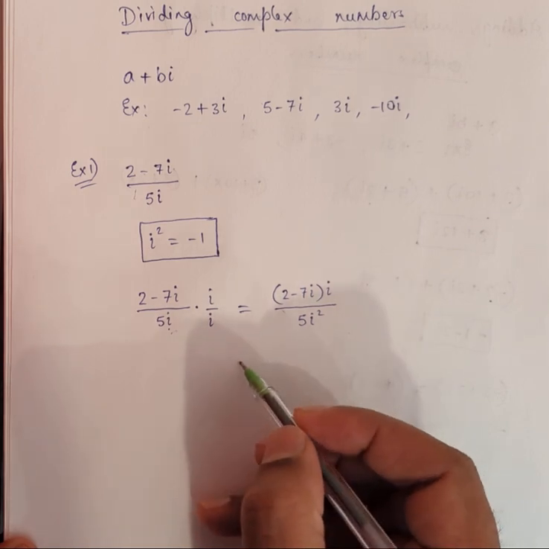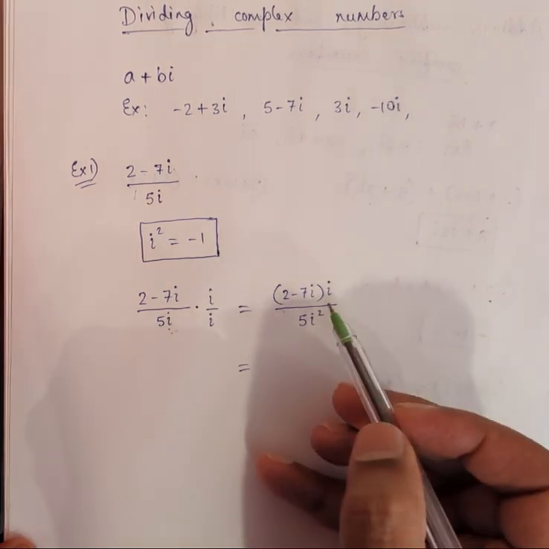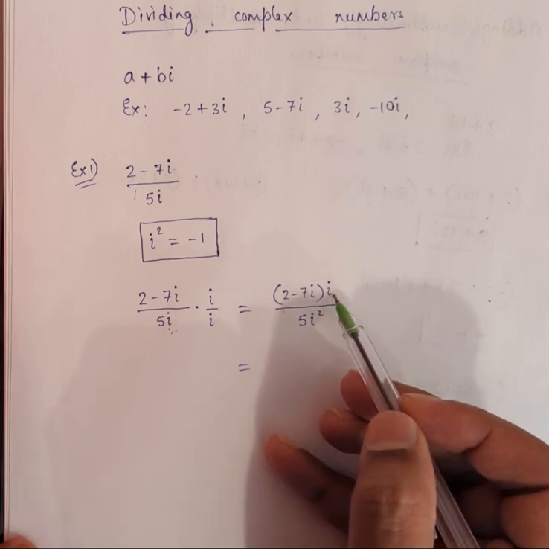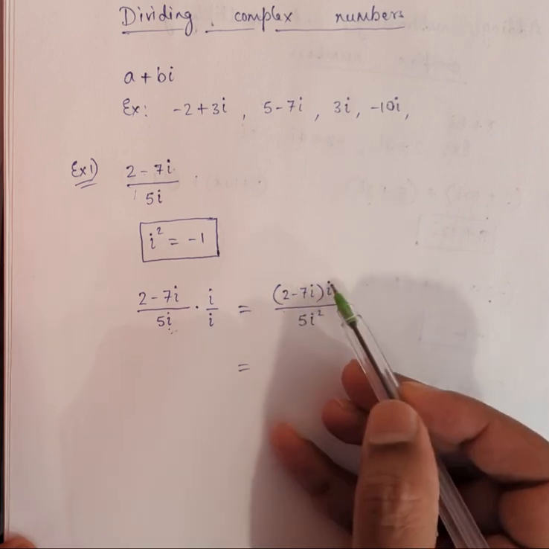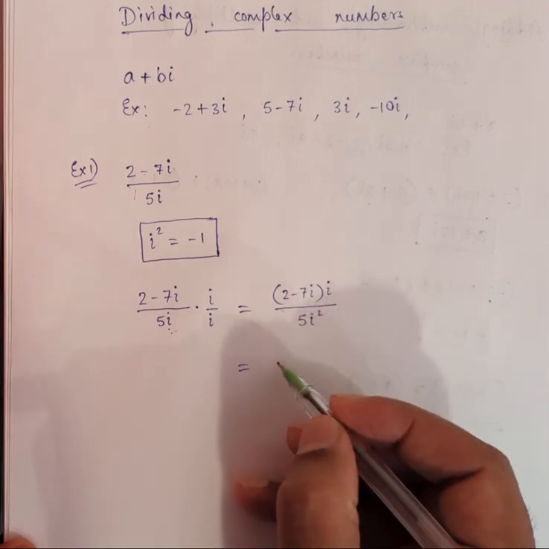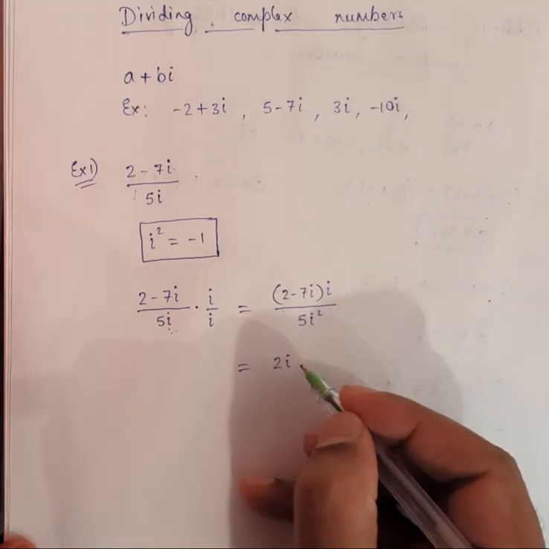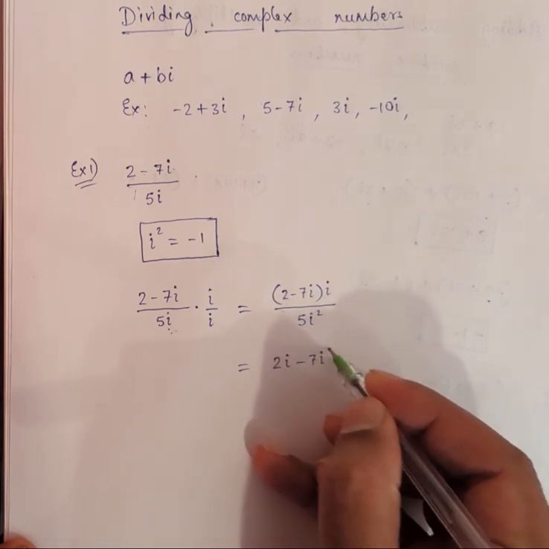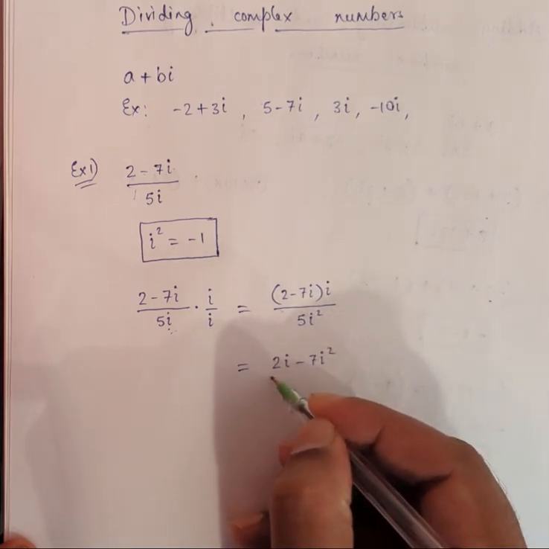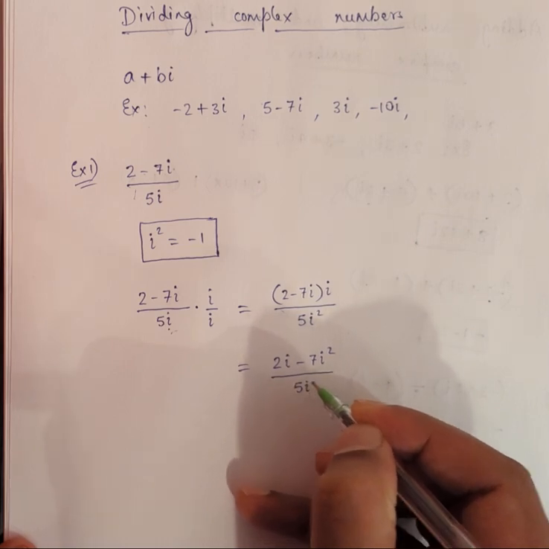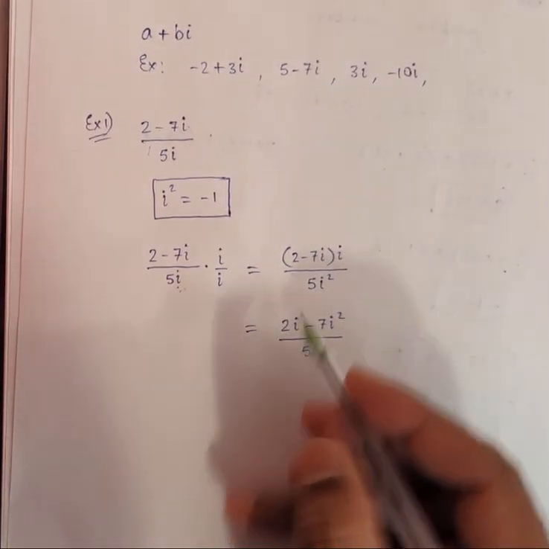Now what happens here is, in the numerator, since you have a binomial multiplying a monomial, you got to distribute that. So you multiply i with 2 and you get 2i, and then you have minus 7i squared, and then in the denominator you have 5i squared. So let's simplify in the next step.